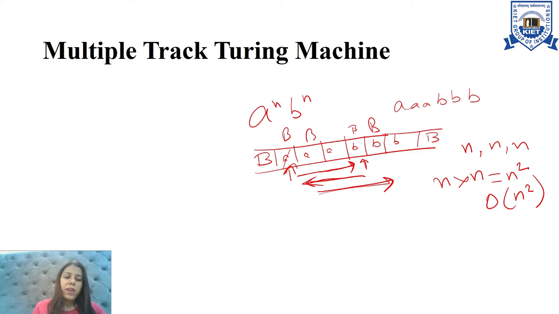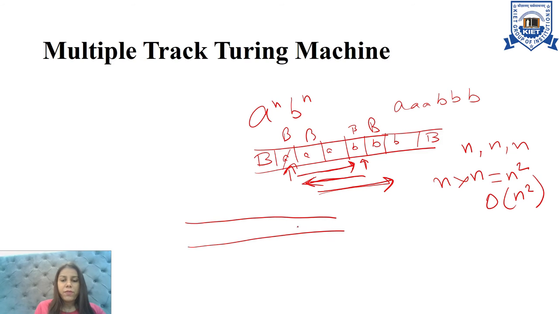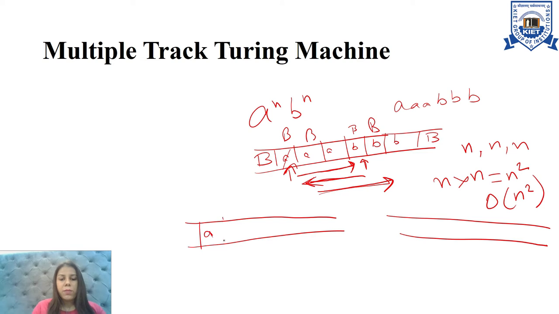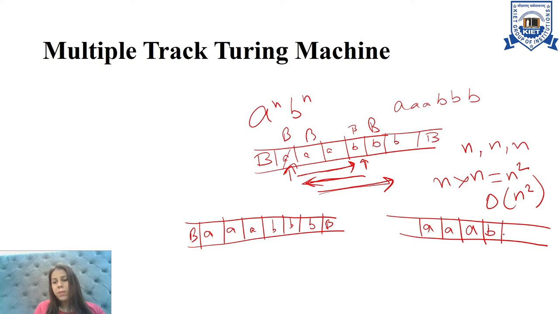Whereas if we have multiple tracks, say two tracks, then I can put my input string on both tracks. Here we have blank, here we have blank. So we have just copy pasted our input string on both tracks.